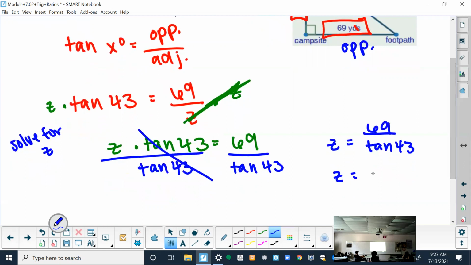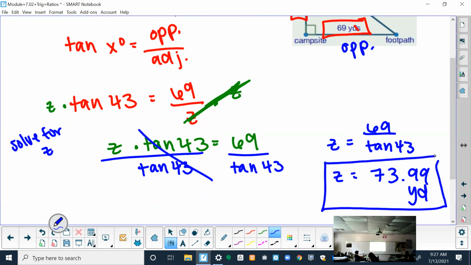All right, but once you plug that into your calculator, you should have had 73.99 yards. So 73.99 yards. It doesn't say what to round to, so I'll just leave it at that. That's close to 74 yards. Questions?